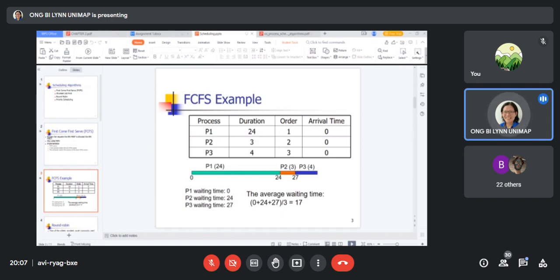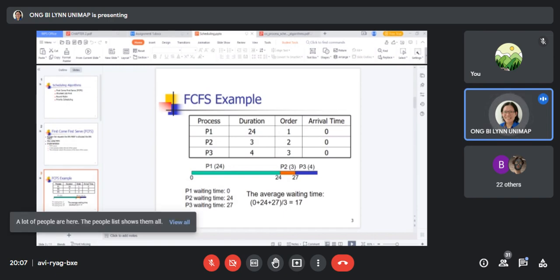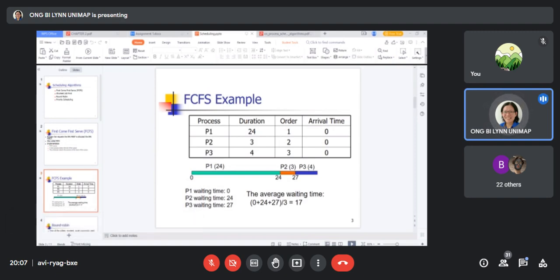Okay. So first come, first serve will be quite simple. So you see, at time 0, it will execute P1, which is first in order. Okay, until 24, it finishes. All right. So followed by P2. So P2 is 3 units. So when you start from 24, after 3 units will be 27. All right. So followed by P3, you have 4 units.